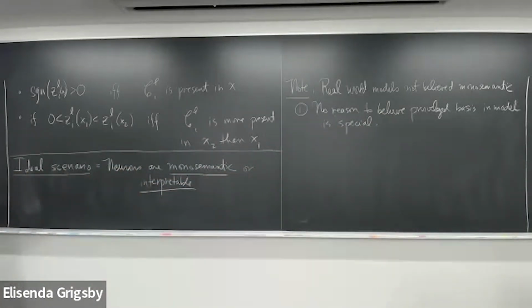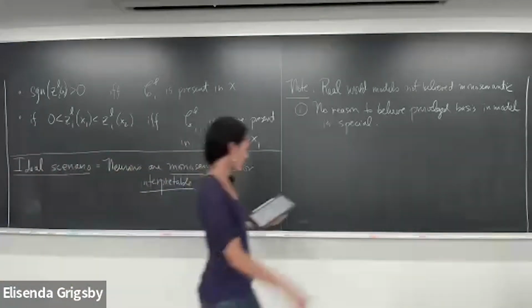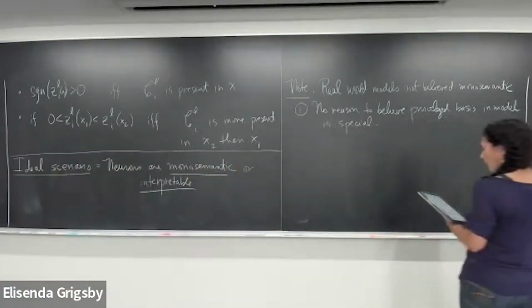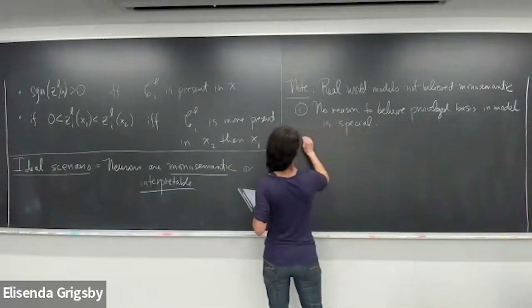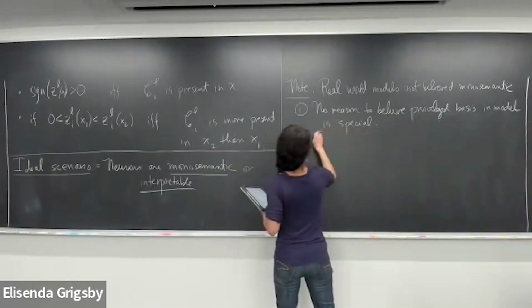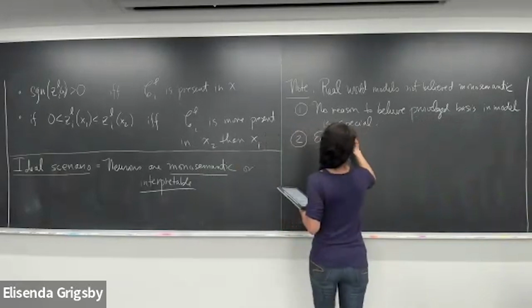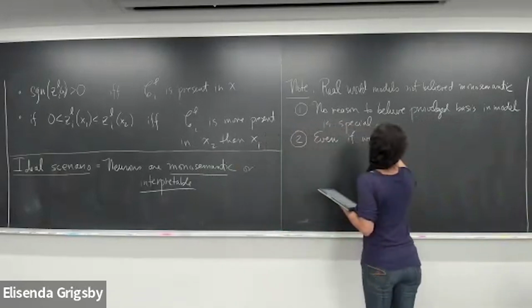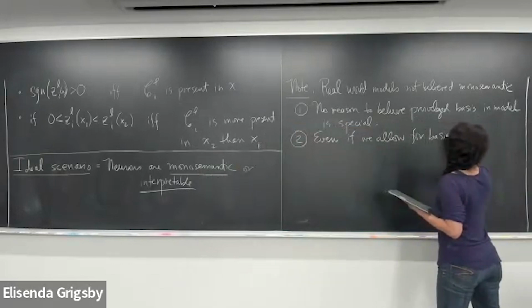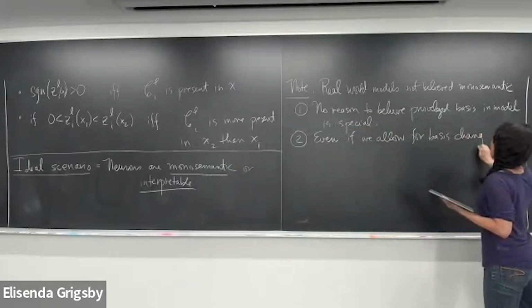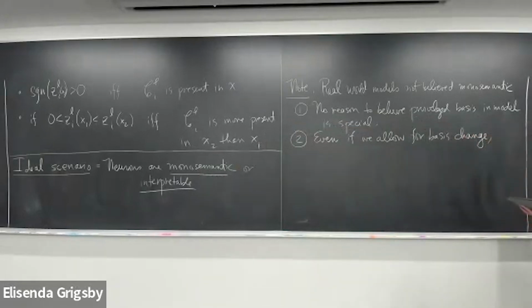The function that the model computes is exactly the same. But even leaving that aside, even if we allow for change of basis, it's still not believed to be the case.